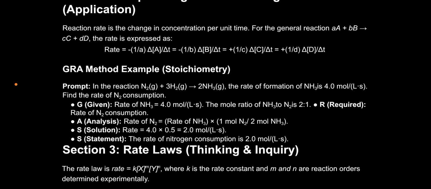Given the rate, the mole ratio is required. So rate of N2 equals rate of NH3 times 1 mole of N2 over 2 moles of NH3. Solution: rate equals 4 times 0.5, which is 2 moles per liter per second. Statement: the rate of nitrogen consumption is 2.0 moles per liter per second.